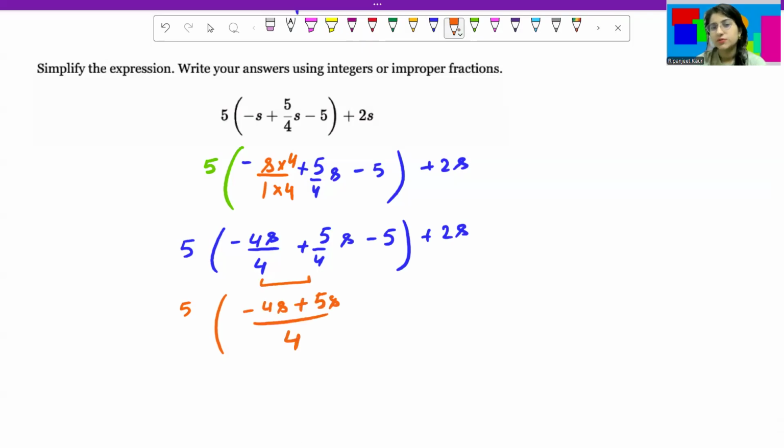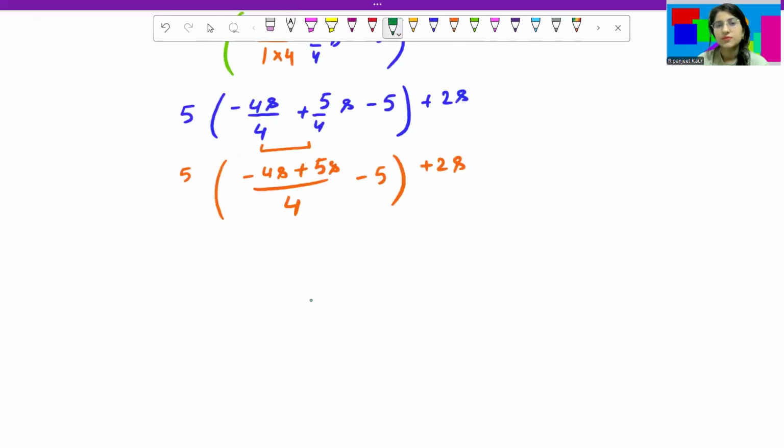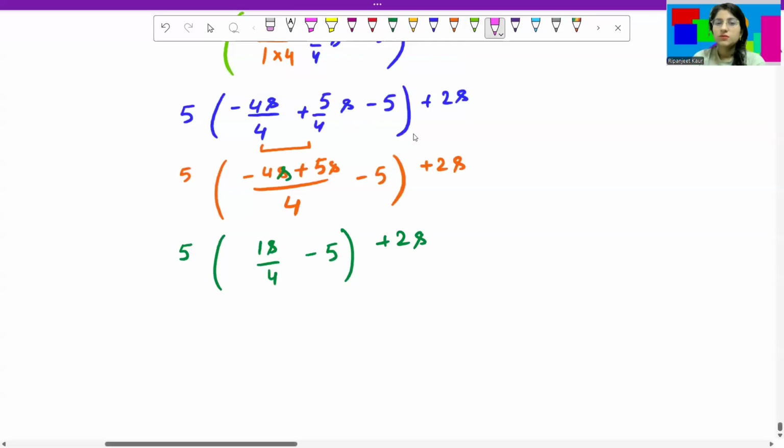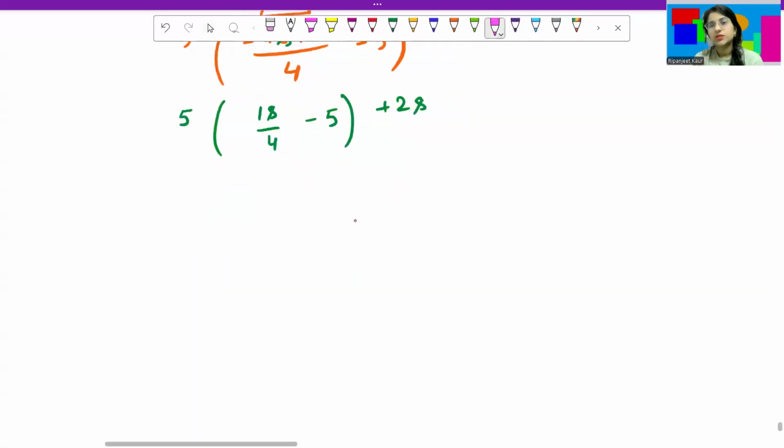I remember that step. So it's 1s plus 4 minus 5. 1s over 4, and minus 5. Yeah, we got this. Now what do we do? Is there any further simplification possible in the brackets?